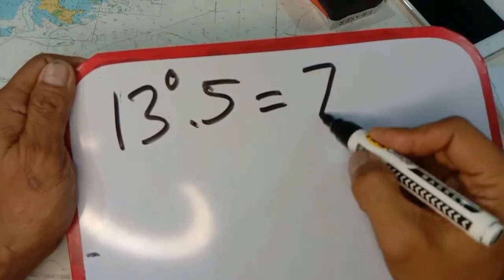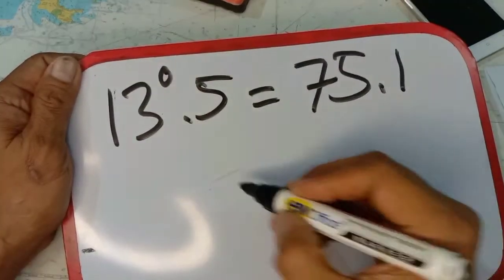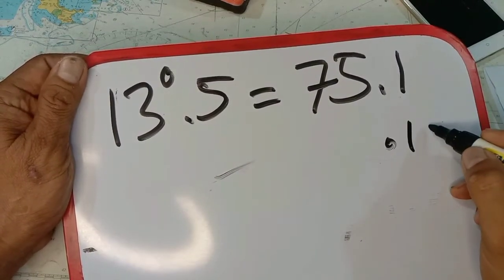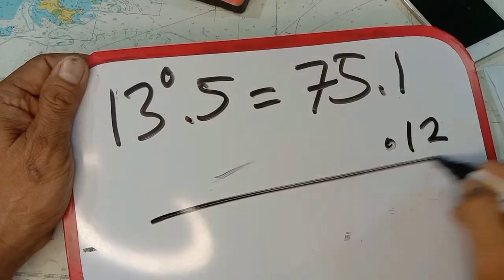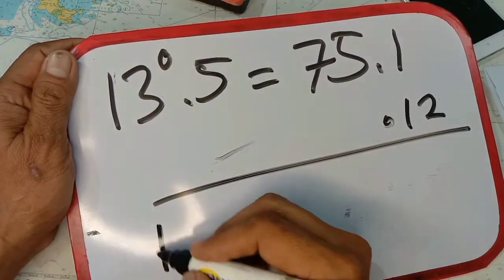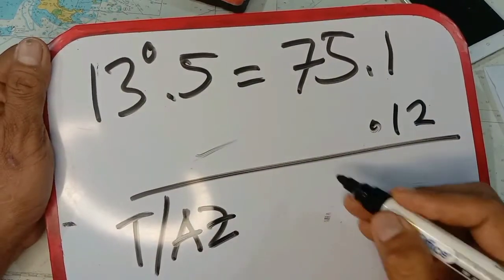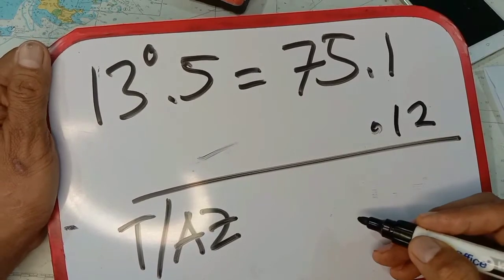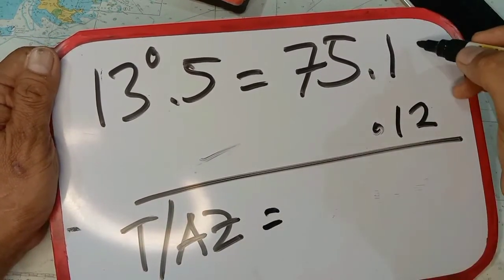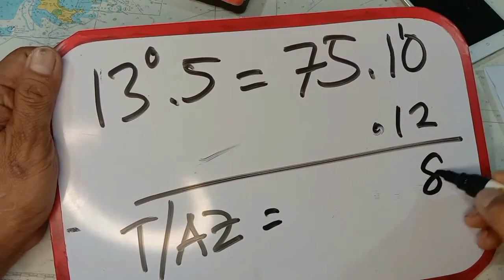Okay. So, itong 0.12 ay ima-minus natin doon sa value ng 13 degrees 0.5 na 75.1 minus 0.12. So that the value of true azimuth of sun using the azimuth table is equal to, so 10 minus 2 is 8.